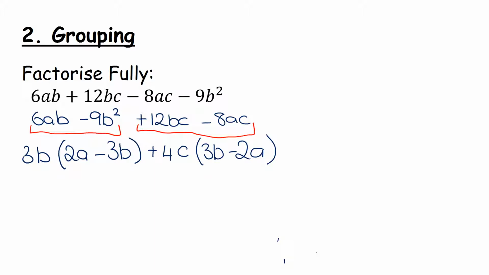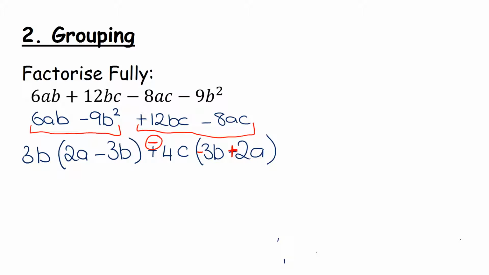Here I have a plus 2a, there I have a minus 2a. Here I have a minus 3b, here I have a plus 3b. So the way I rectify that is, really I need to take out a minus 4c here. That will give me a minus 3b here and a plus 2a here.